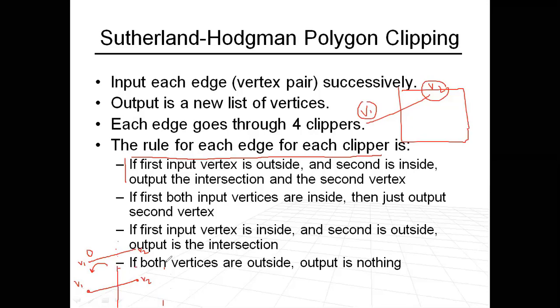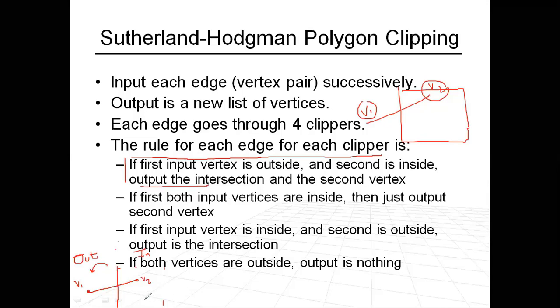Okay, so v1 is outside, out, and v2 is in. So v1 to v2 we are moving, that is v1 is out and v2 is inside the clipping area. So what we are going to do is output the intersection and the second vertex.